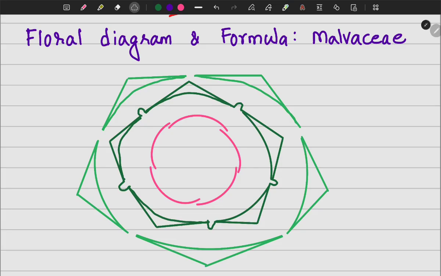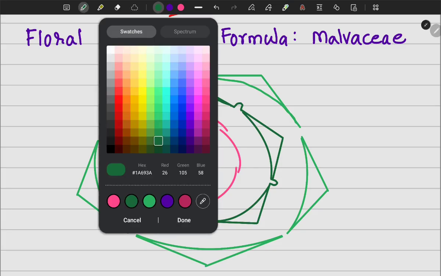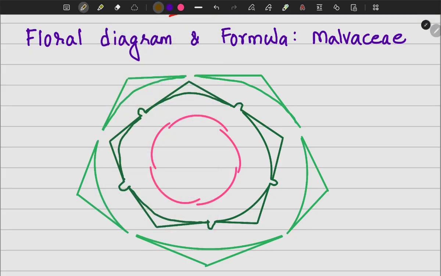Now we will draw the stamens. The stamens are indefinite or infinite in number, many in number. So they are usually drawn like this. Multiple stamens.